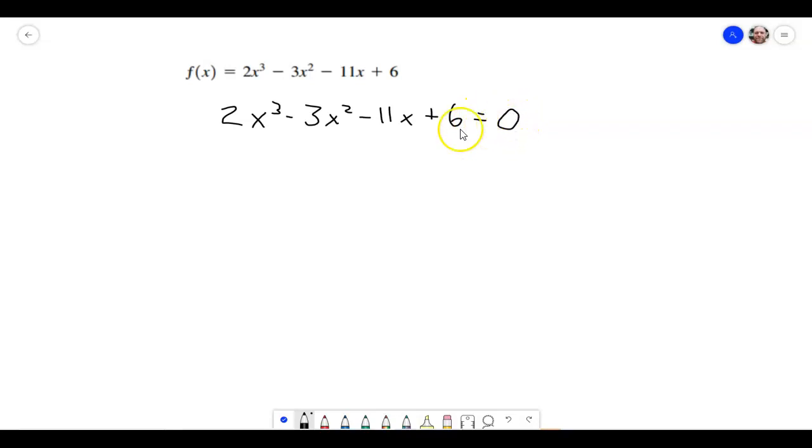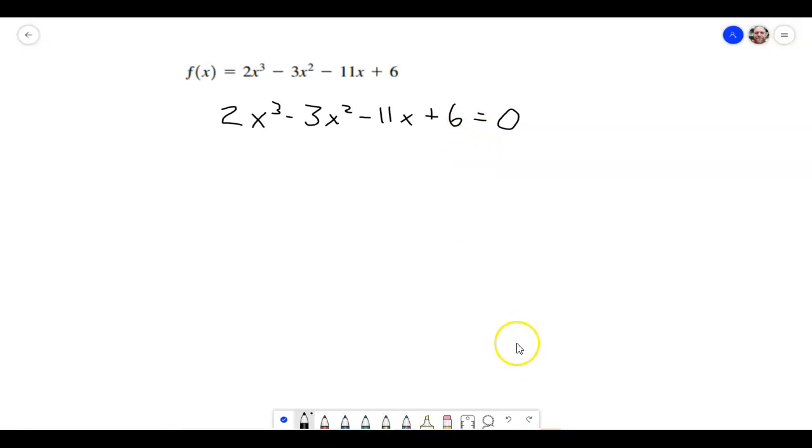If we solve this equation for x, we're going to have up to 3 real solutions, and that's possibly 3 different places where this function will cross the x-axis.